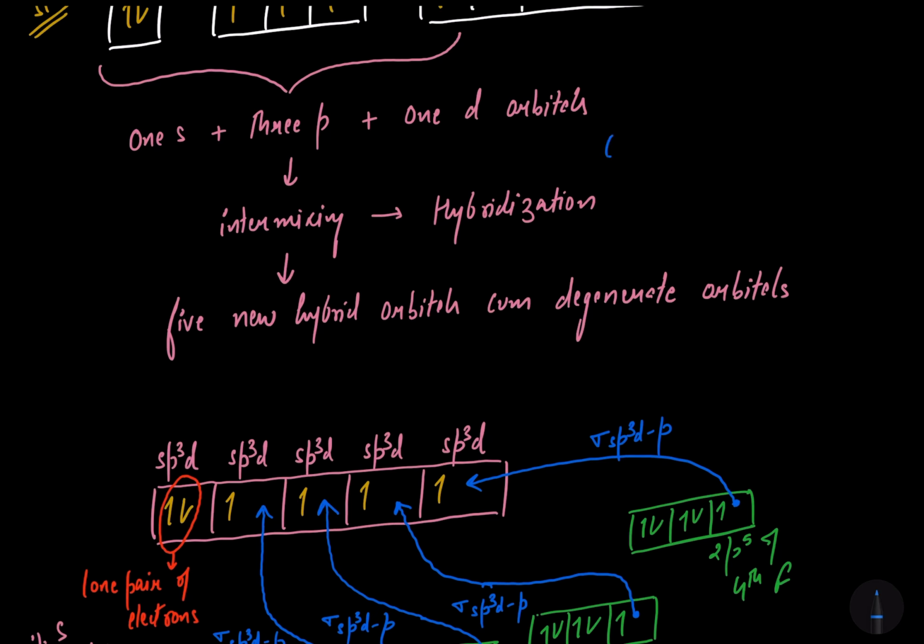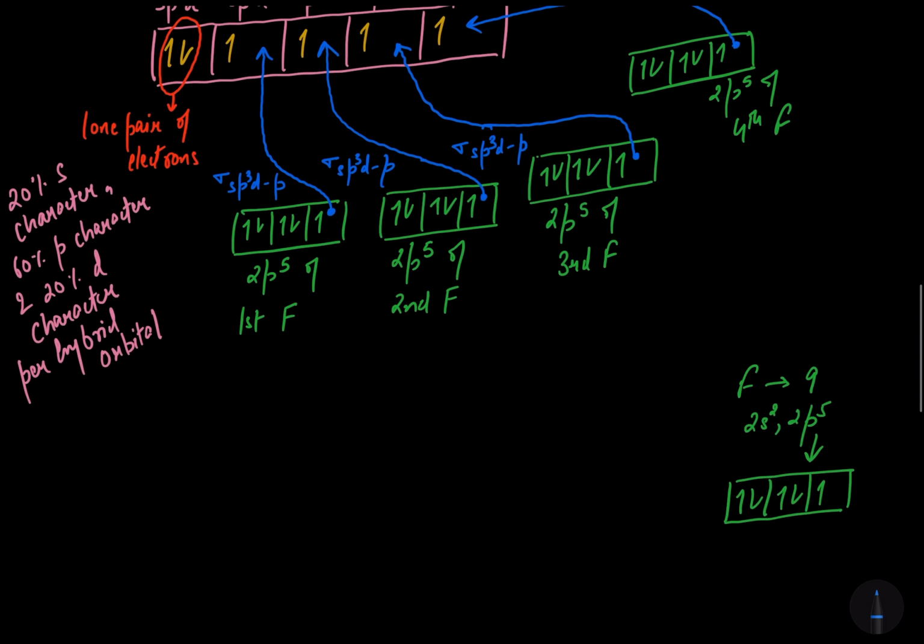So here is the consumption of hybridization energy. Now here is the formation of 4 new sigma bonds.